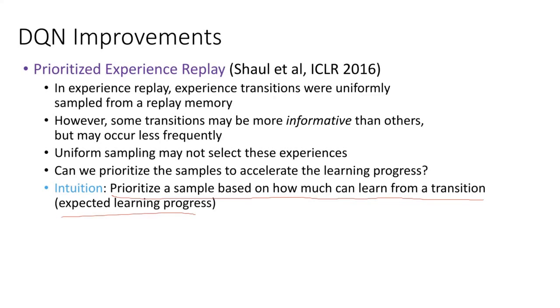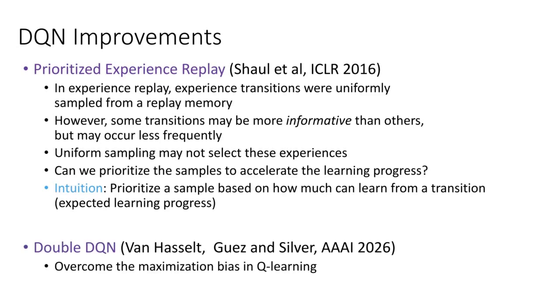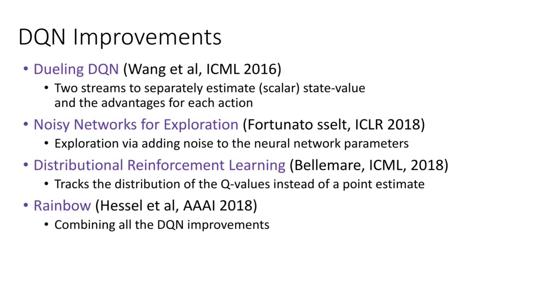They used a particular approach based on a surprising element, but there are other, more systematic approaches using entropy-based algorithms. But this is one obvious improvement that you can make. Then there are many other things like double DQN, which essentially overcomes the maximization bias, dueling DQN, more clever exploration, more clever tracking, and many other things they can do.